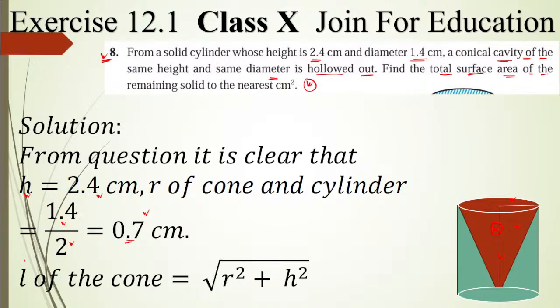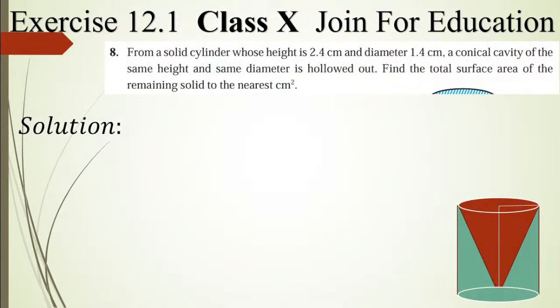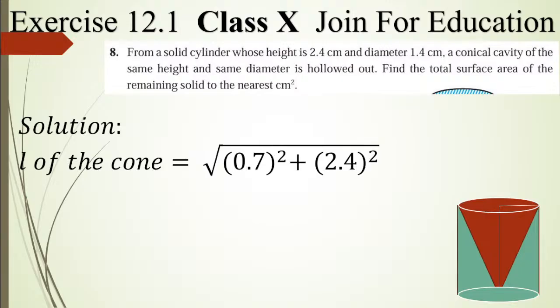And the slant height of the cone. For the slant height of the cone, we recall the formula root of r square plus h square. So the value of r is 0.7 and the value of h is 2.4. So root of 0.7 square plus 2.4 square.